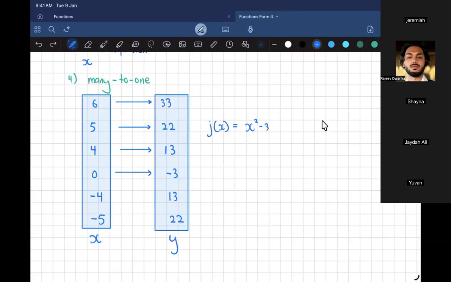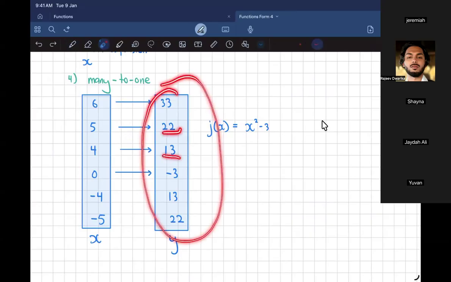So I drew a diagram like this on purpose. Jada, if they ask you to draw this diagram, do you think it makes sense to write back 13 or 22 twice? Yeah or no? If you look at this diagram, notice how I wrote 22 and 13 two times. Do you think that's necessary?